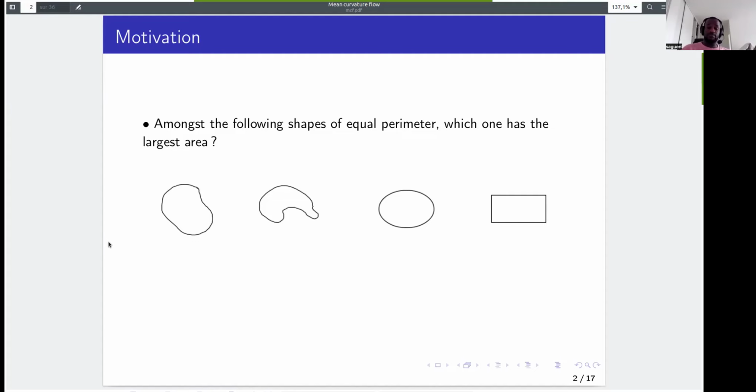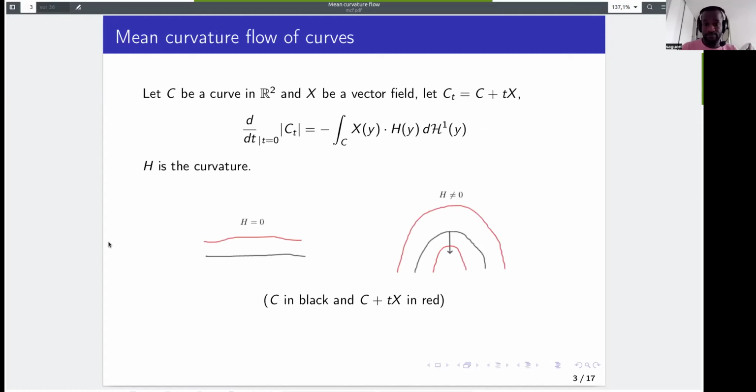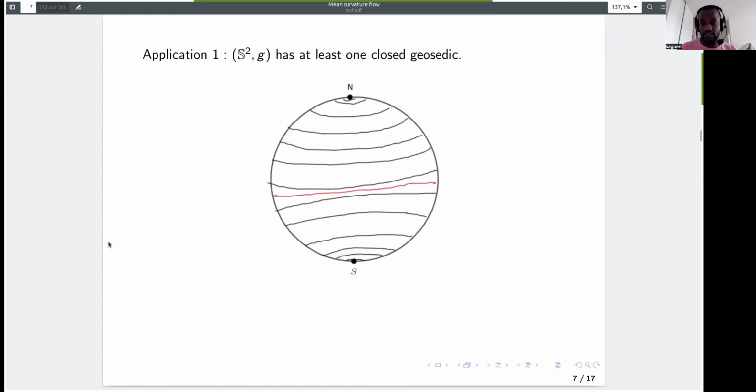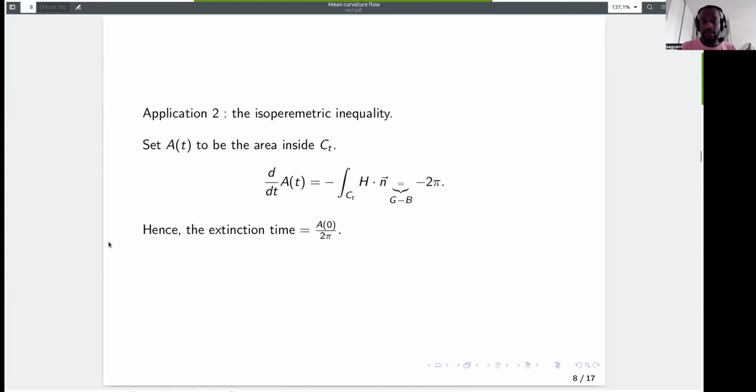The last one to disappear is the one which has the largest area. So this property answers our question. We go further on to prove the isoperimetric inequality.